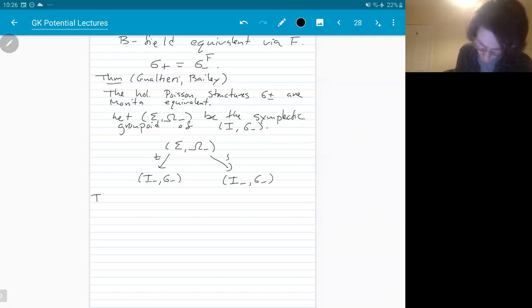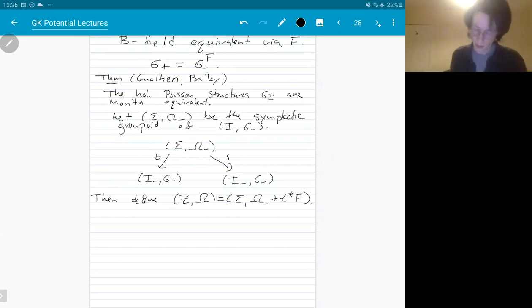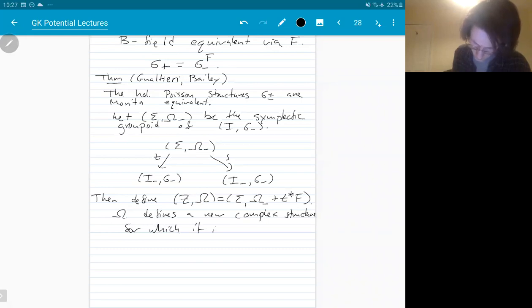And then we define Z omega to be sigma omega minus plus the pullback of F. Note, this is again something that you have to prove, that this omega defines a new complex structure for which it is holomorphic symplectic.